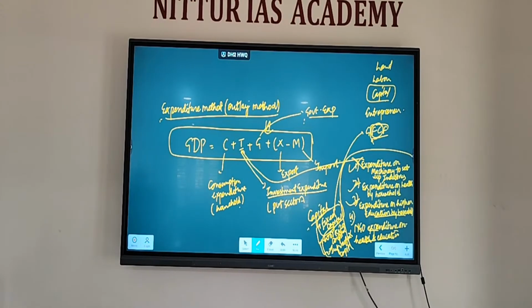In bracket you write such as gold, silver, stones, art, etc.